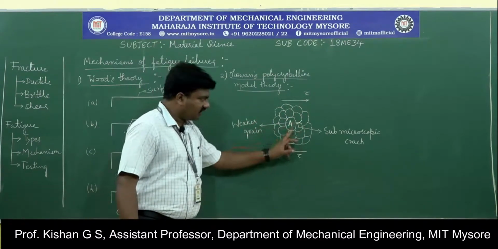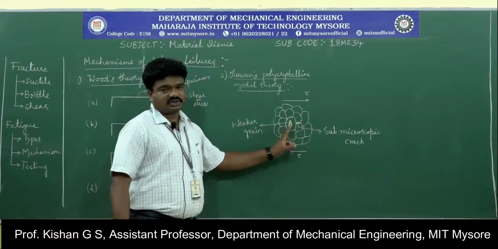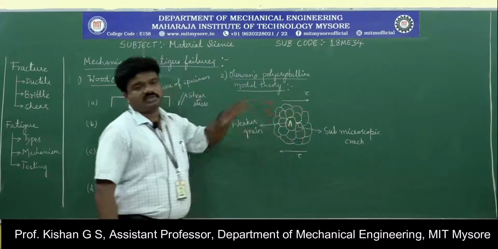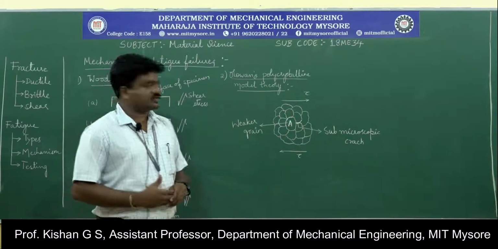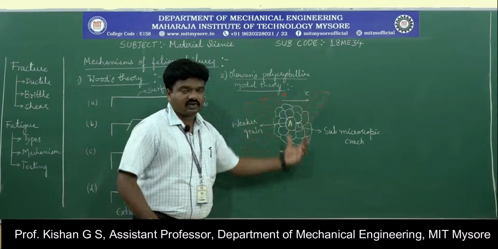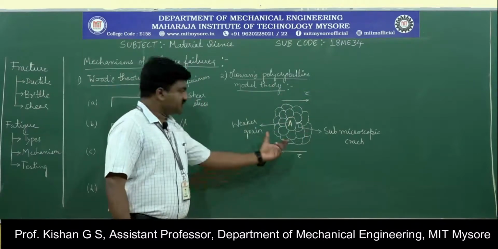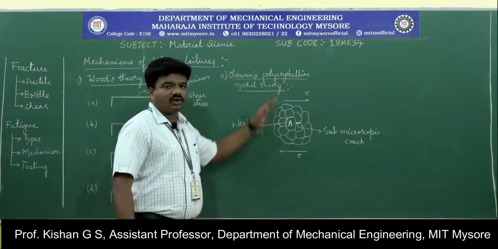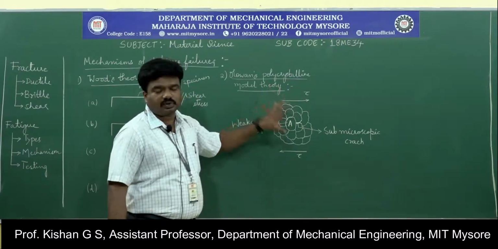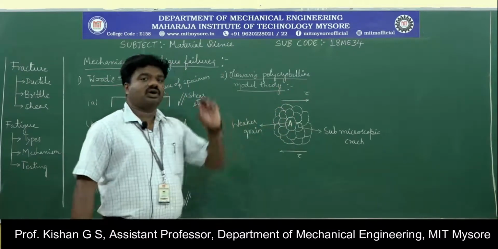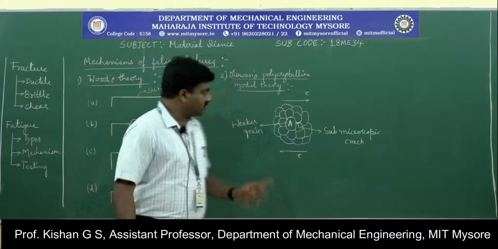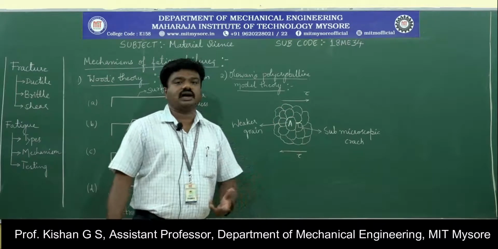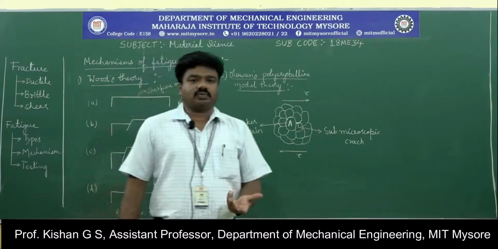Once we have a weaker grain inside the polycrystalline structure, this polycrystalline member will be subjected to opposite loading conditions, maybe along the right as well as along the left of the viewer here. When the load is applied on either side of this polycrystalline member, based on the direction of load, this weaker grain A tries to yield, meaning that it tries to deform.